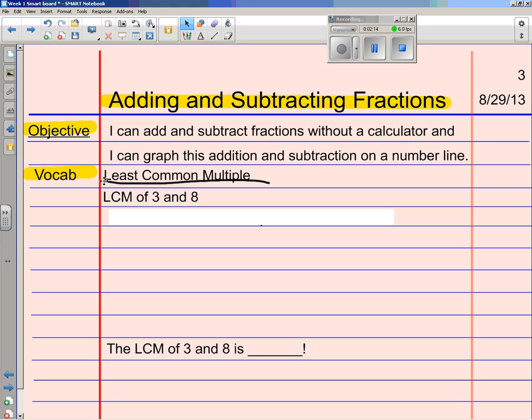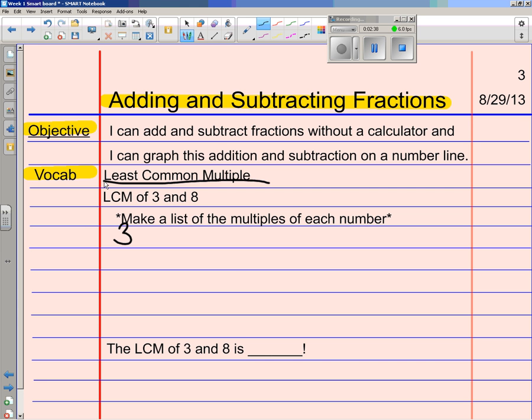Now, I am fairly certain that all of you have done something with least common multiple at some point in your life, but you might need a quick refresher. So least common multiple, if for example we are finding the least common multiple of 3 and 8, what we need to do first is make a list of the multiples of each number. So I'm going to take my 3.